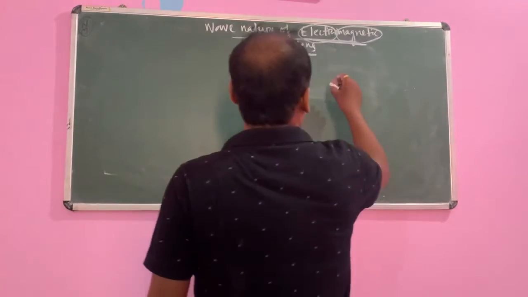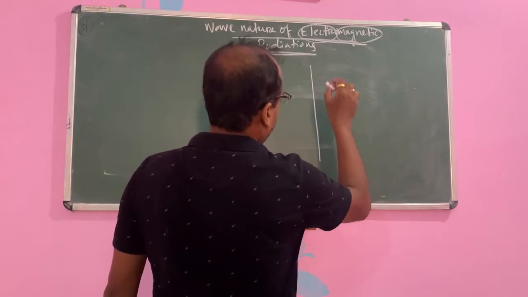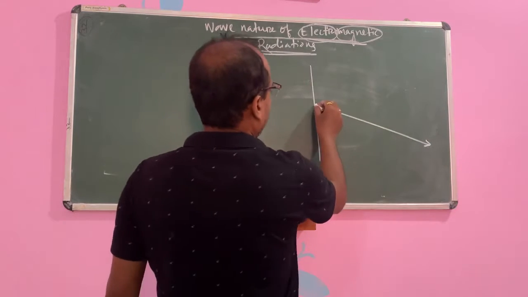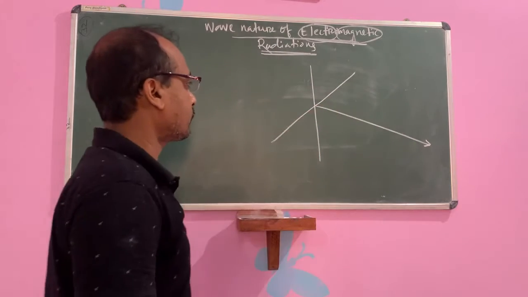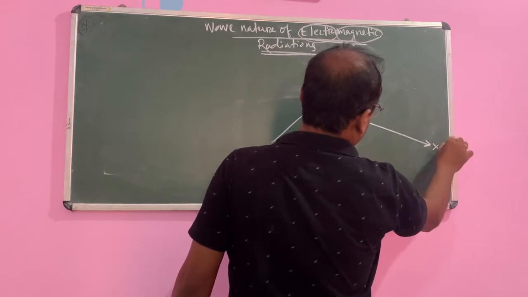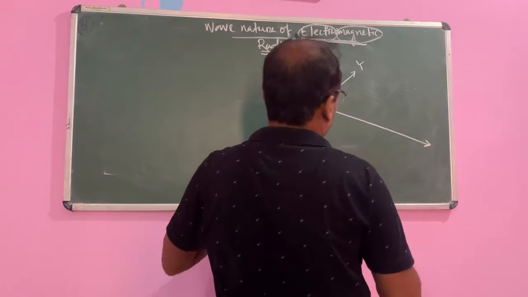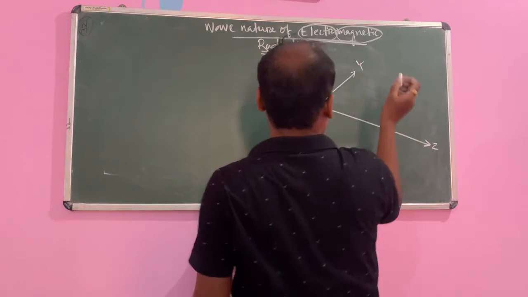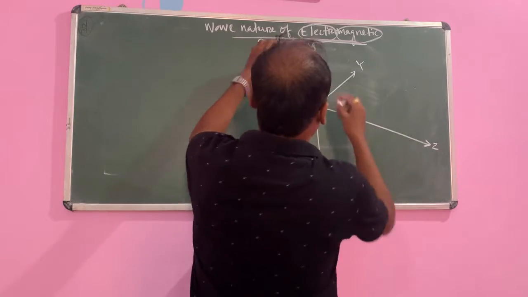That is wave propagation. Suppose you draw one three-dimensional axis. Okay, this is your wave propagation. This is your x-axis and this is your y-axis. You can take x, y, z, no problem, any axis.